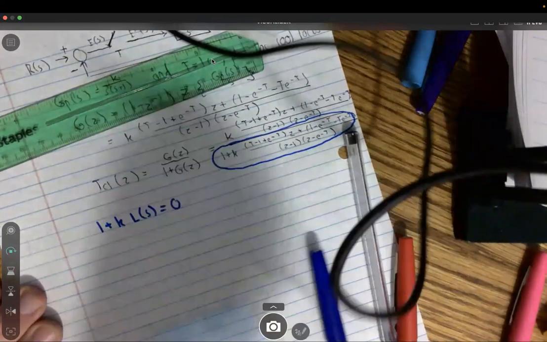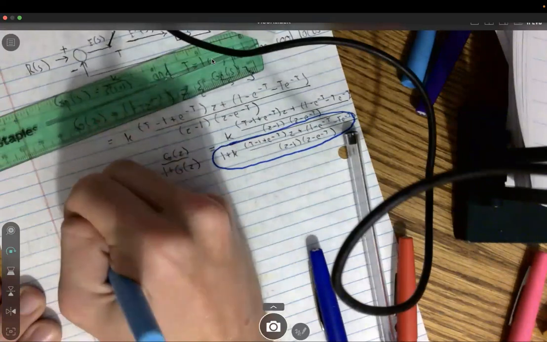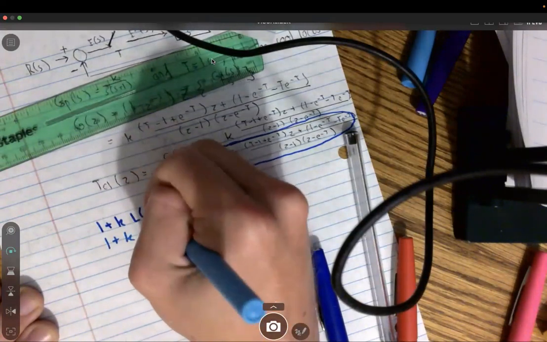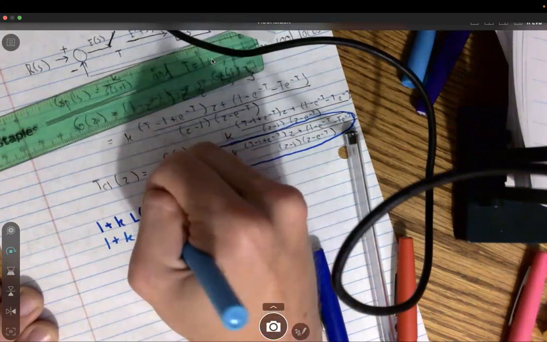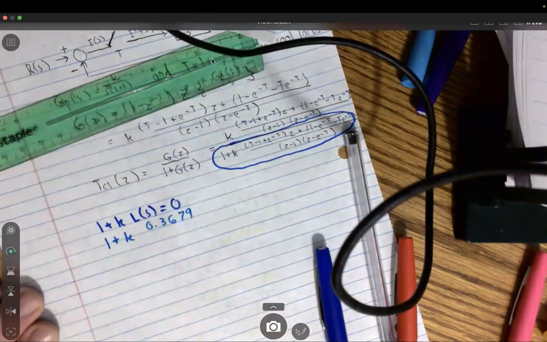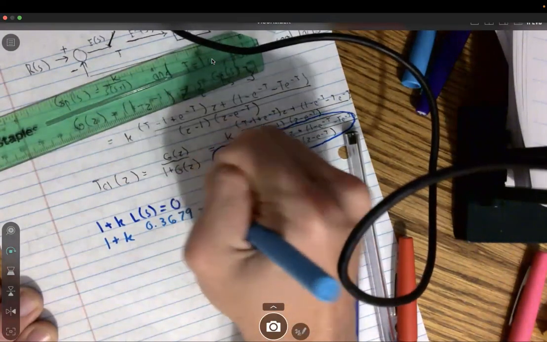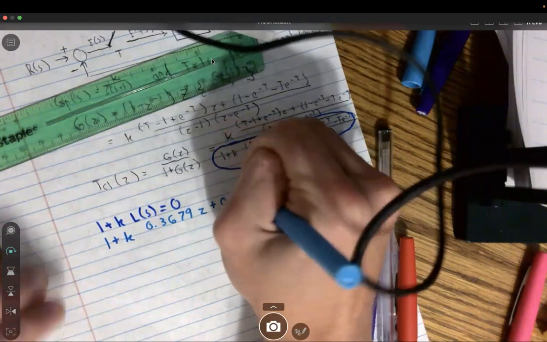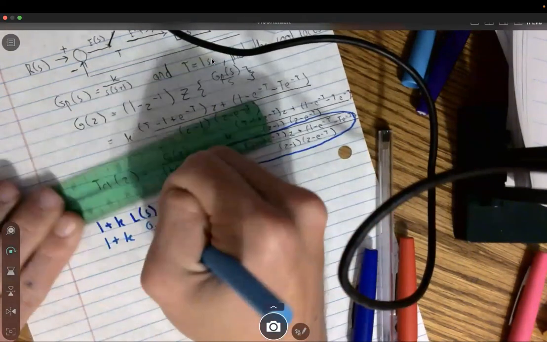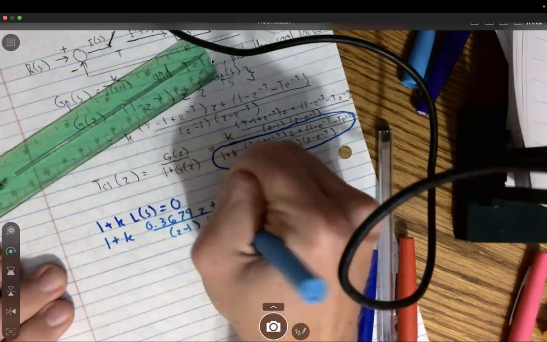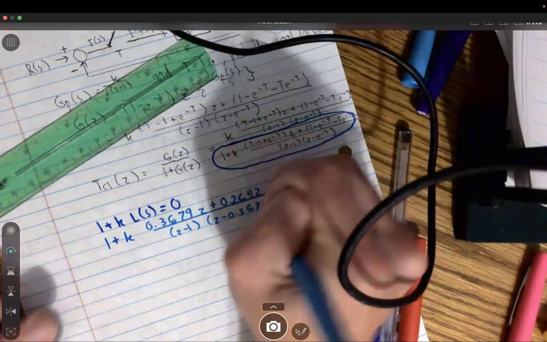So plugging in what we have here, we have our 1 plus k, and then here we have 0.3679z, if you plug in what our T value is, this is how I'm getting these values, plus 0.2642 all over z minus 1 times z minus 0.3679, okay?